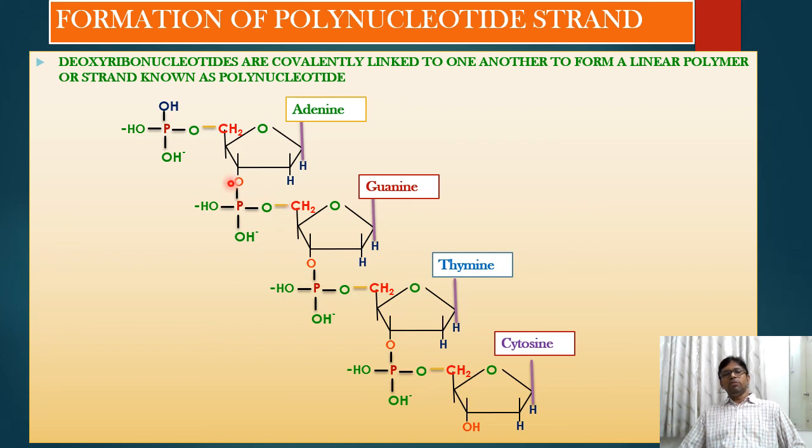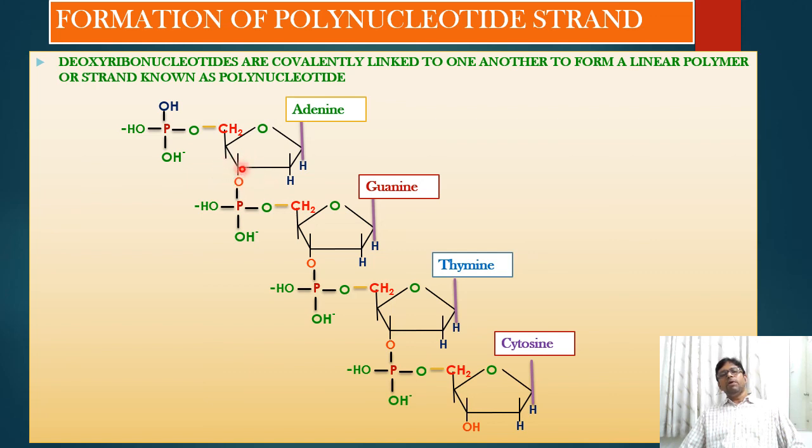In this way, a phosphodiester bond is formed between the sugar molecule and the phosphate molecule. The phosphate group is linked with the fifth carbon of one sugar and the third carbon of the other sugar.